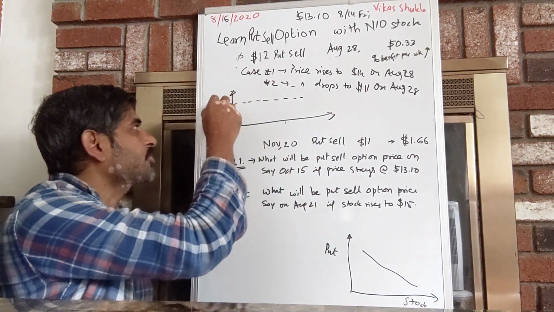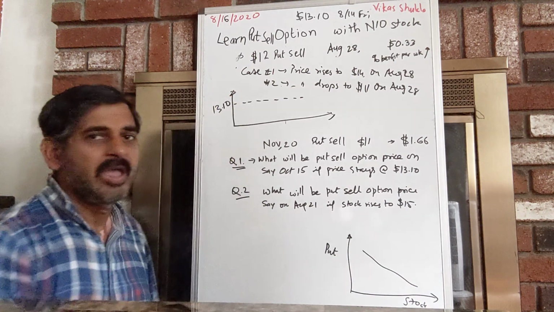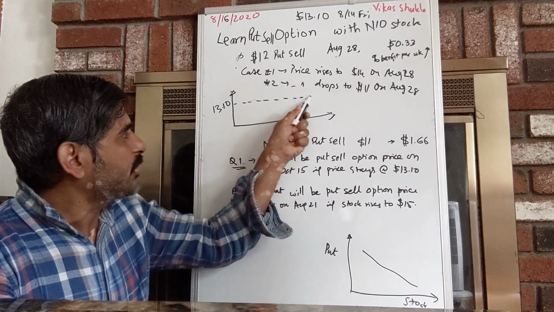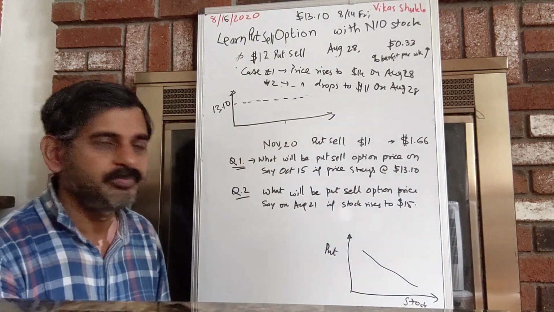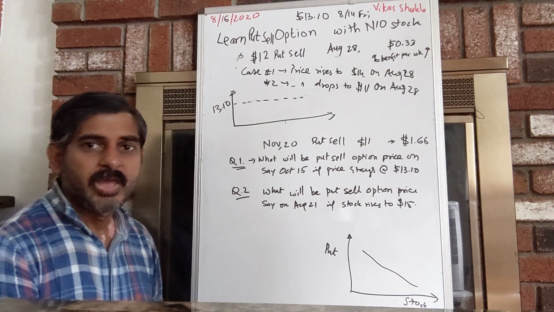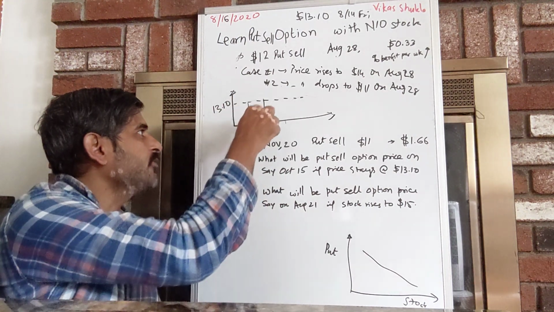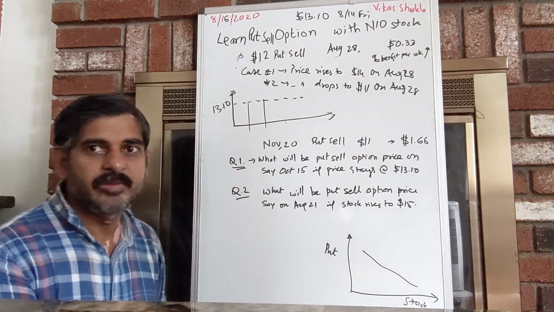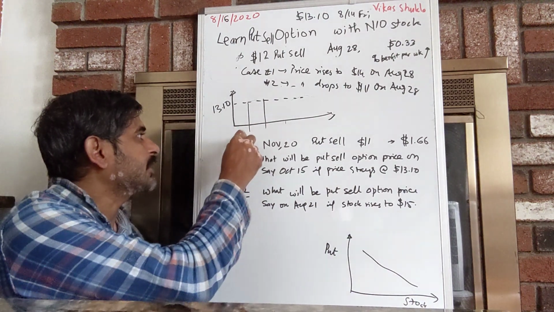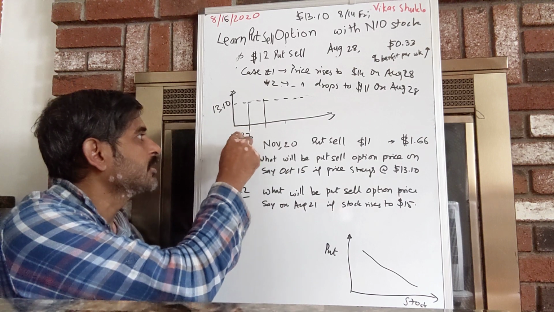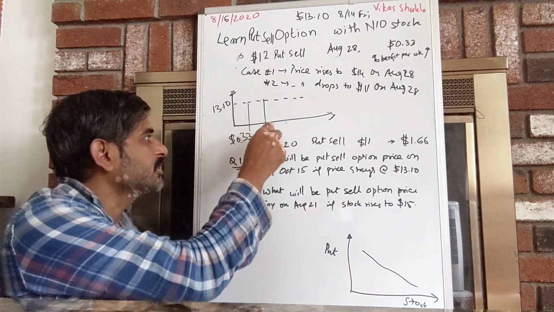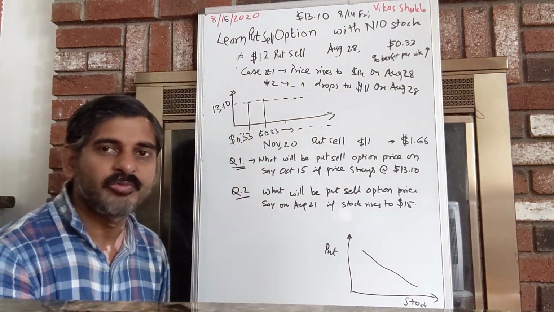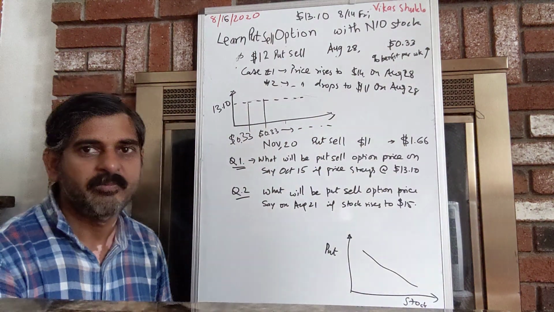Let's say this is the stock price, 13.10, and let's say its price stays exactly 13.10 all the time. Then every 2 weeks, or maybe every 4 weeks, or every 6 weeks, whichever gives you the highest percentage of weekly profit, you keep collecting those 33 cents here, 33 cents here, and keep going, and then you collect the whole 52% over a period of time.